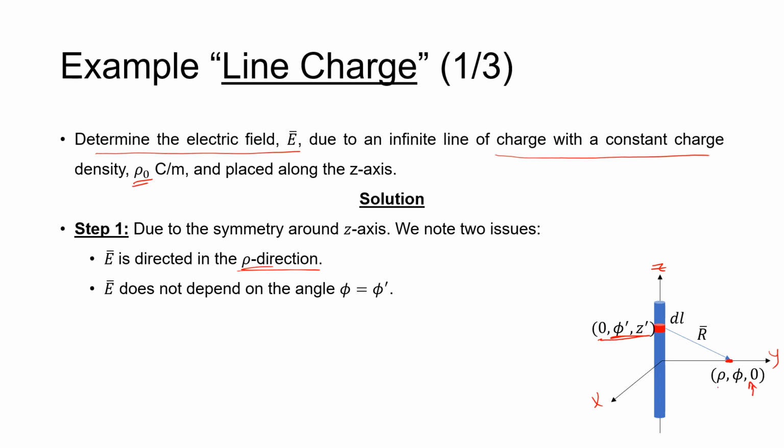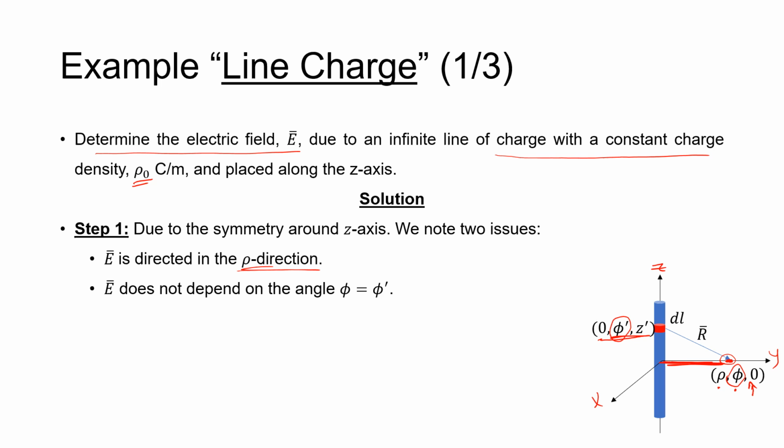And we are at a distance rho from the line, and we are at angle phi. If you imagine in 3D, whenever you look at a point in the xy plane, the phi dash of the source point and the phi of the observation point will be equal. This is the first thing.